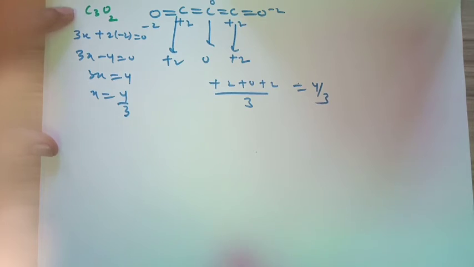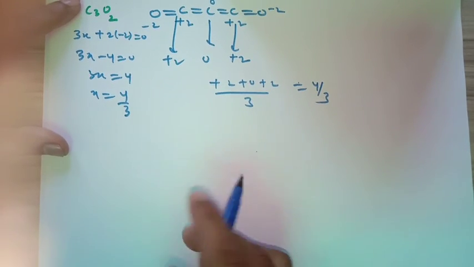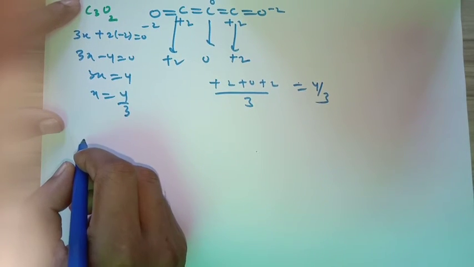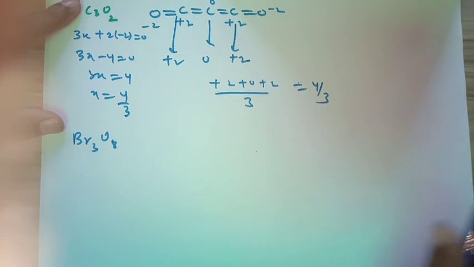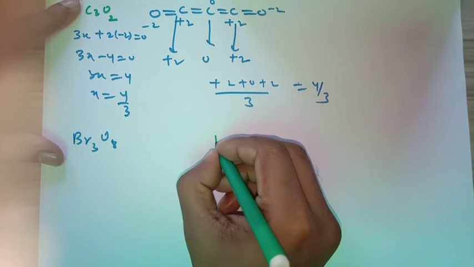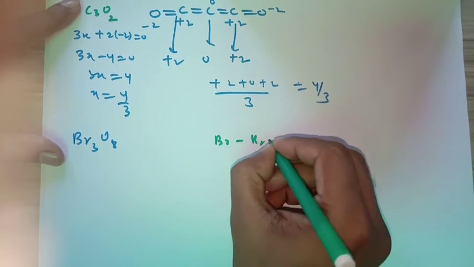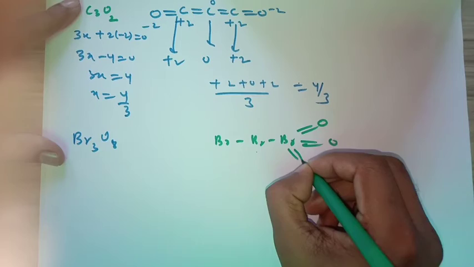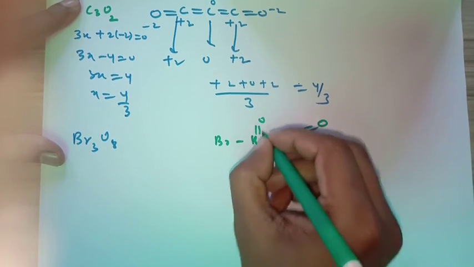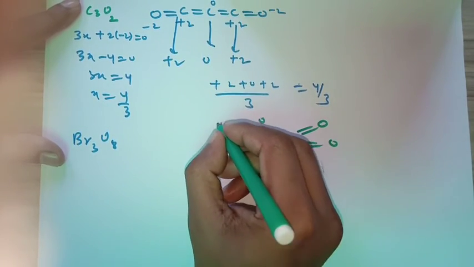Now there is one more question, and that is Br3O8, and this can be drawn as single Br bond first and then all double bond, all will be double bonded.